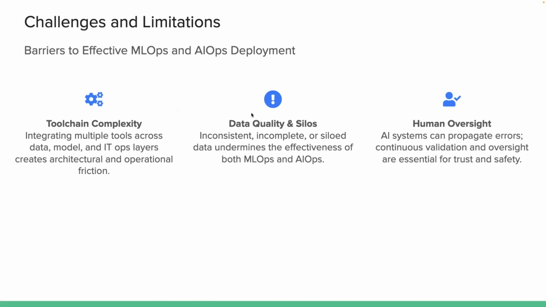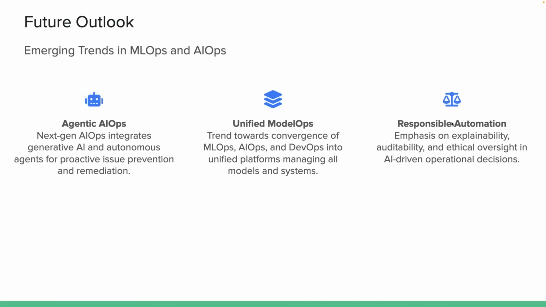And also the quality, whether it is MLOps or AIOps, both of them are still maturing. You cannot completely rely on these solutions. In future, they will definitely perform better. But right now, human oversight is required. So with MLOps and AIOps, humans should work with the systems to get better results.